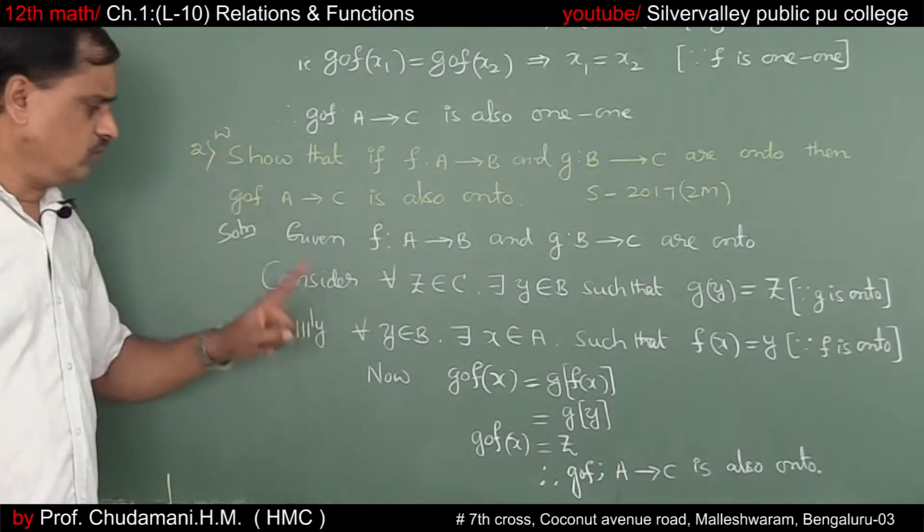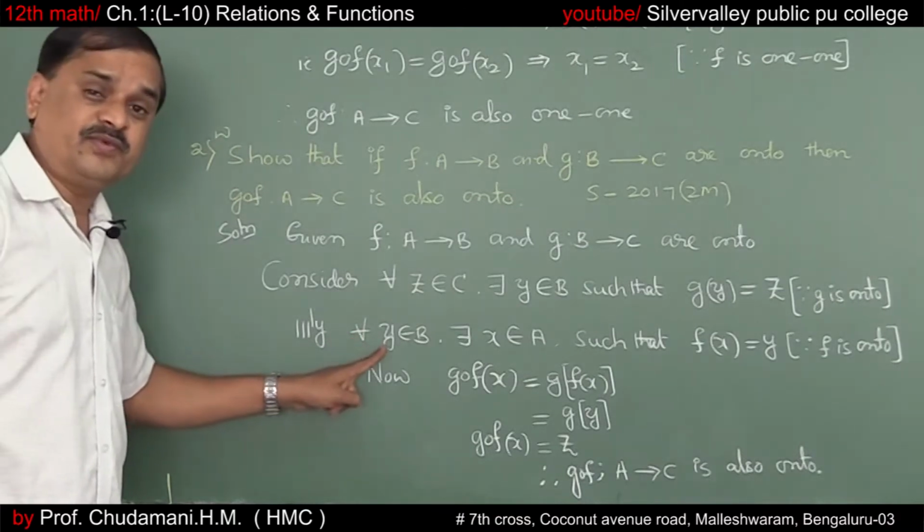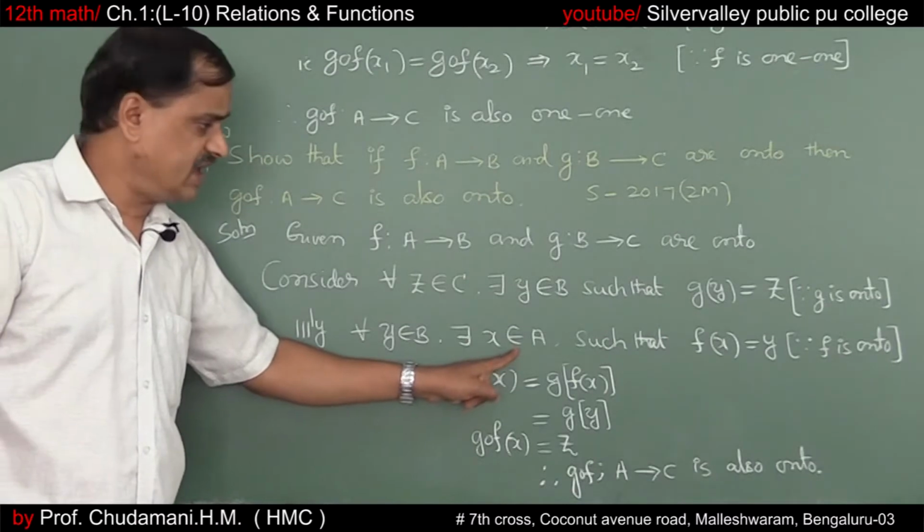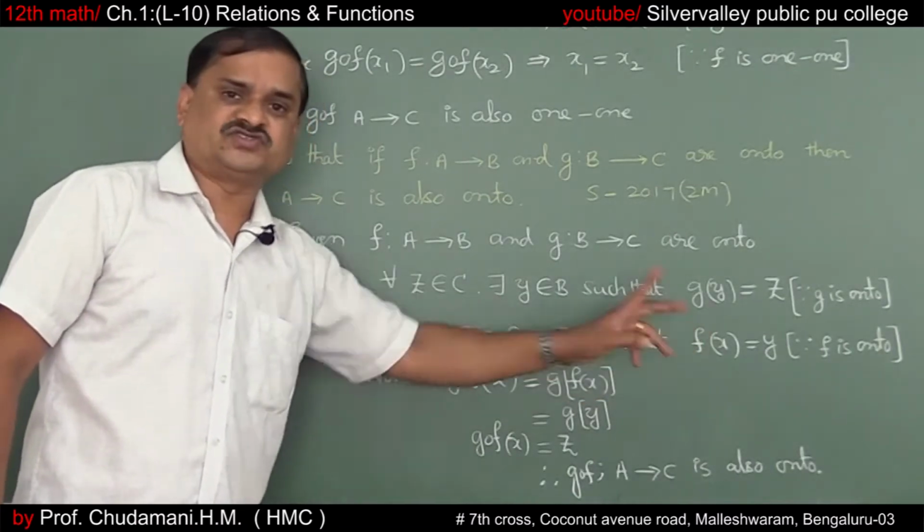f is onto means what? For every y belongs to the set B, there exists x belongs to set A such that f of x is equal to y.